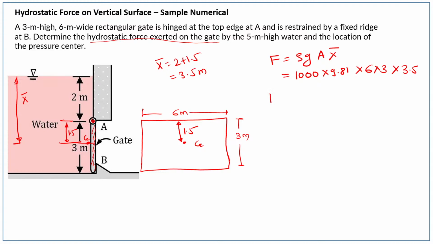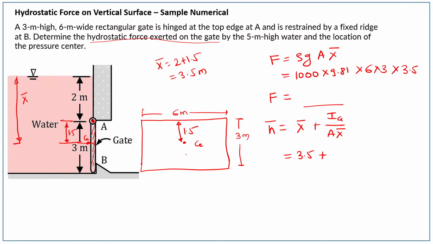So you can find out the magnitude of the hydrostatic force acting on this gate. Then the center of pressure you can find out as x bar plus Ig upon A x bar. x bar we have calculated, it is 3.5, plus Ig is BD cube by 12, since it is a rectangle.